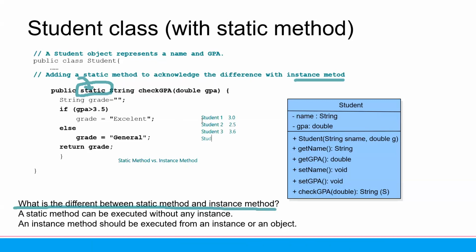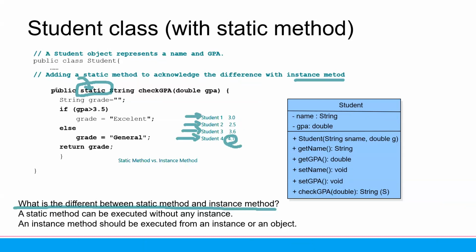Again, I have another student 4, let's say the GPA is 4.1. Then for the method, if I want to get a particular data, I will be able to get the data based on the instance. So for every instance, I would like to get the GPA.